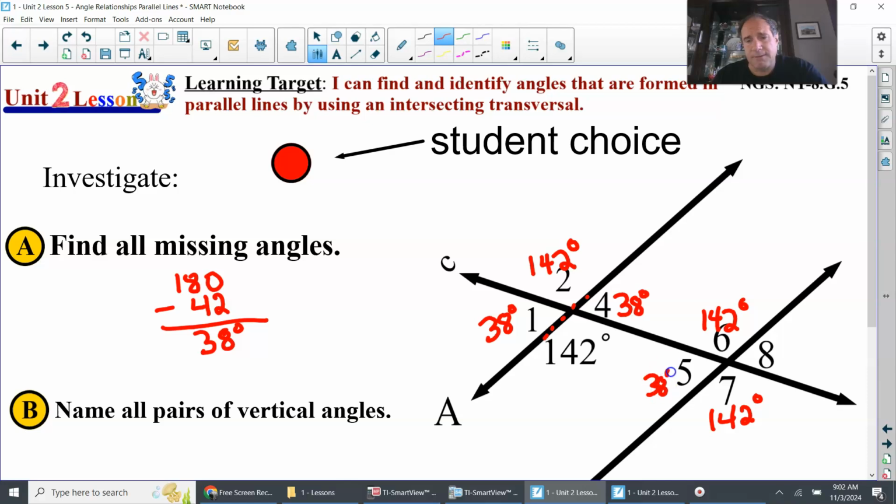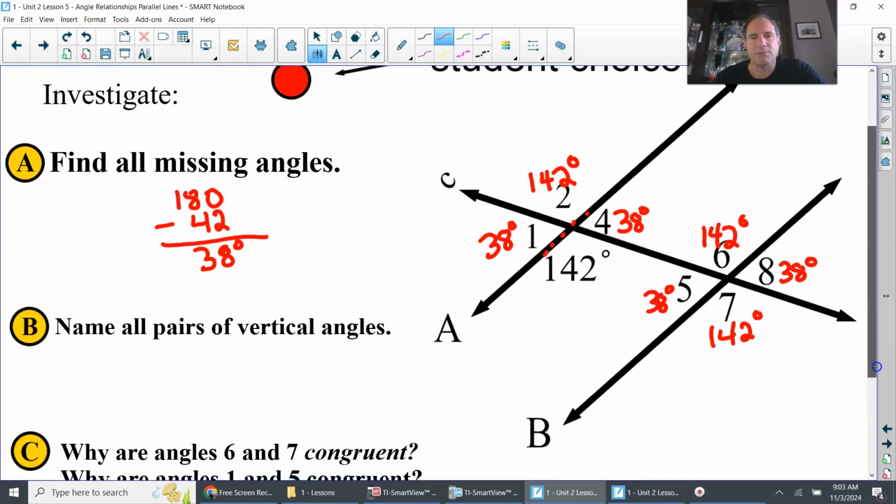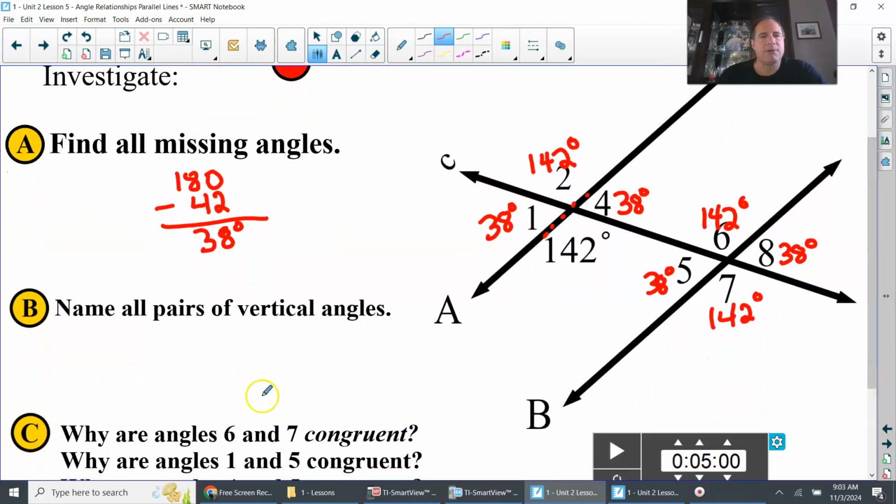We are finished with finding the missing angles. Let me move this up just a little bit, and we're going to name angles. Remember, vertical angles meet in the middle. So I'm going to draw that dot right there. They meet directly in the middle. So angle 2 and the 142 degrees.